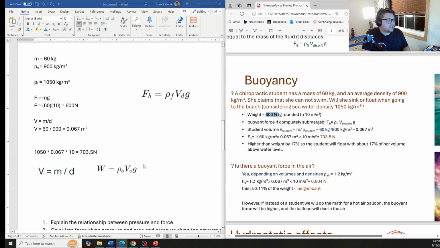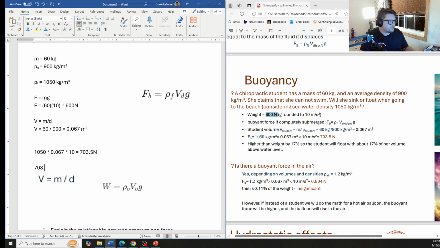Weight is 600 newtons because, comparing the weight to the buoyancy force, instead of using this equation, we were just able to use the force, mass times acceleration. So then we compare 703.5 newtons to the 600 newtons that the person weighs. 703.5 is greater than 600. Therefore, she floats by about 17% because it's 17% higher.